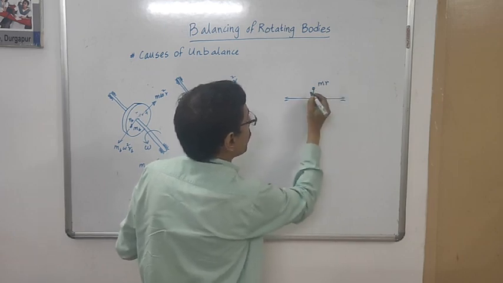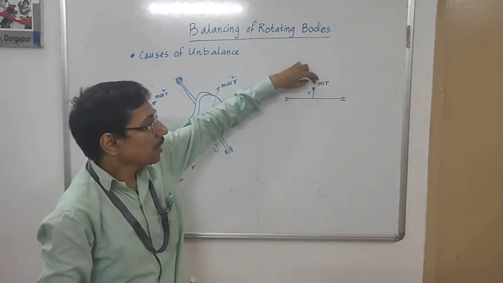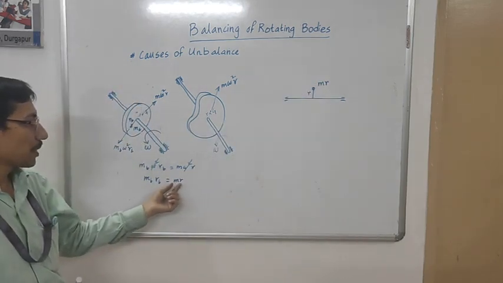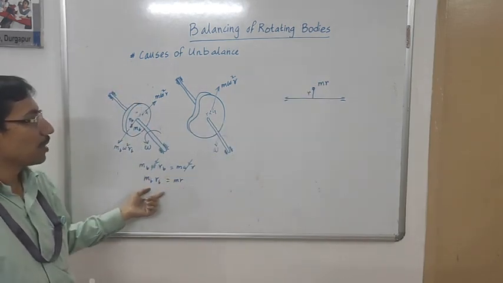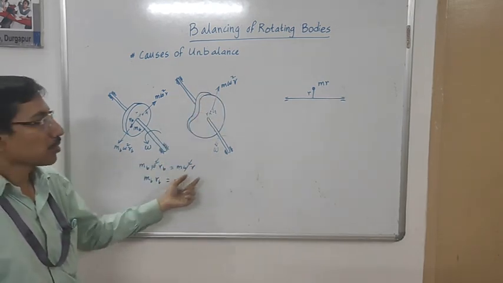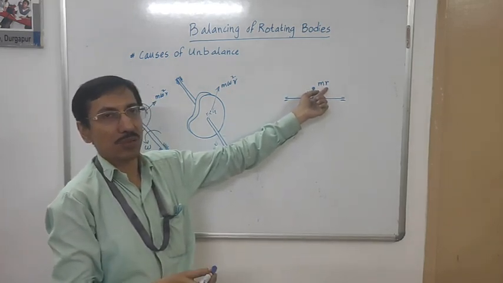This portion represents the radial distance from the axis of rotation of the shaft, and this product m r represents the proportional force. So instead of writing the centrifugal force every time, we write the proportional force. Proportional force means mass multiplied by radial distance. So the unit will be kg meter.